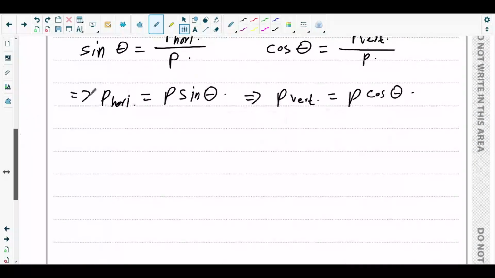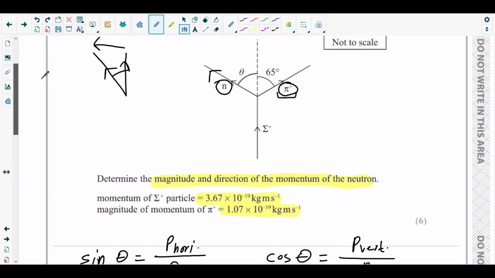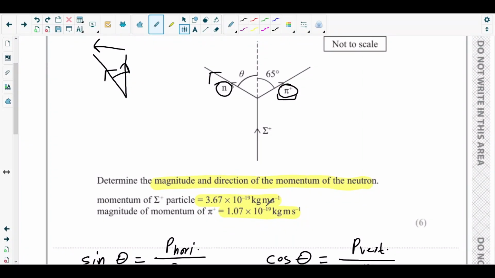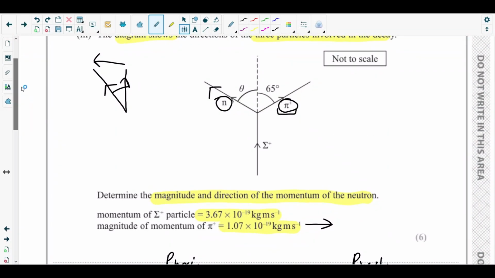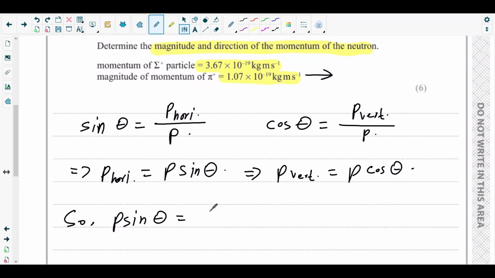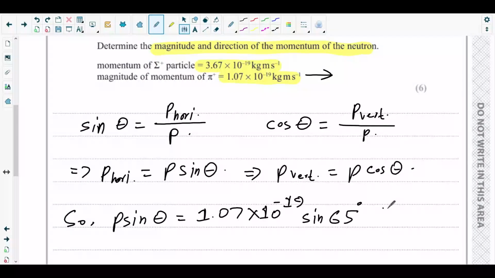So P sin theta equals the horizontal component of the momentum of the pion plus. Pion plus has this much momentum, so we use sin 65. That is 1.07 times 10 to the power negative 19 times sin 65 degrees kg m/s. This is P sin theta.